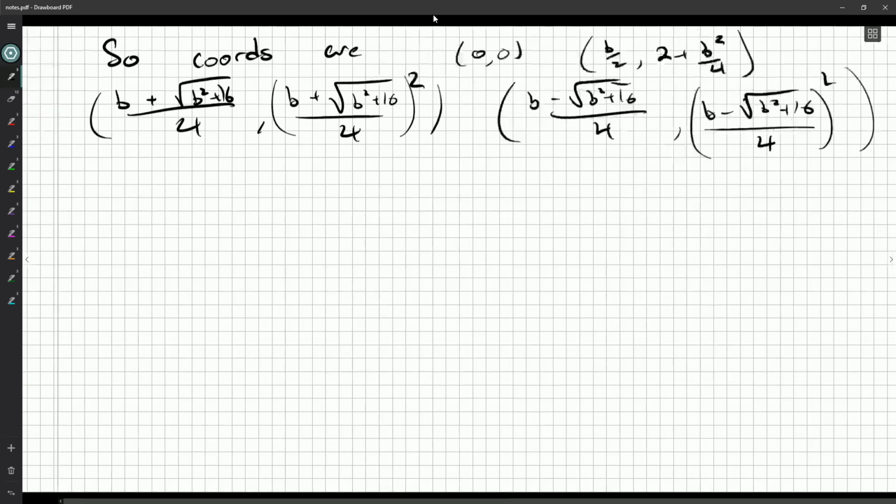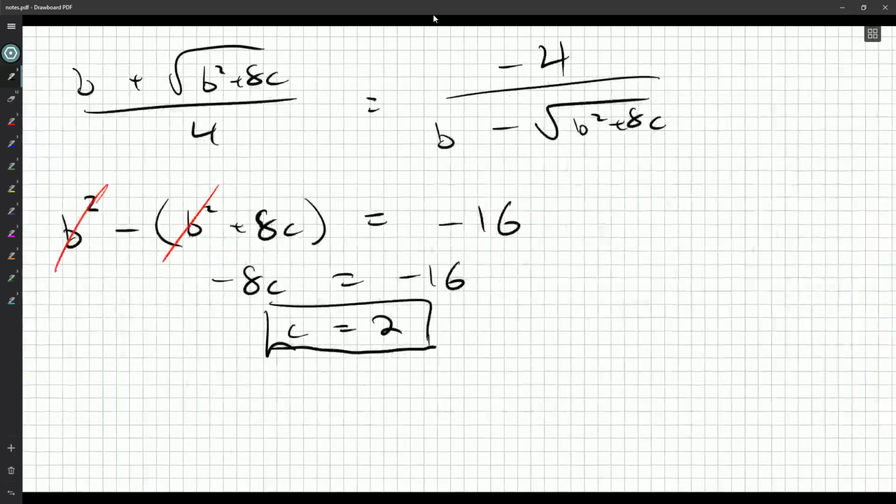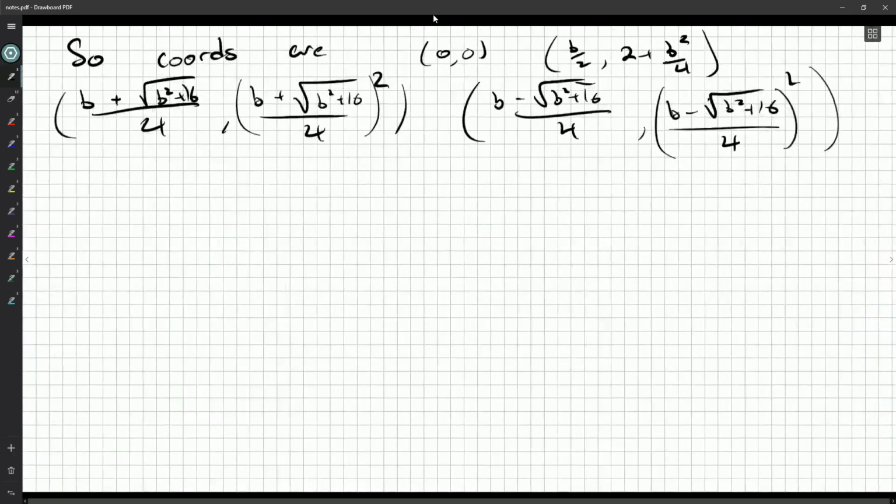Okay, so we've got two of the slopes. We just need to worry about the other two, S to V3 and R to V3. And these are the ones I've been dreading doing, but that's okay.